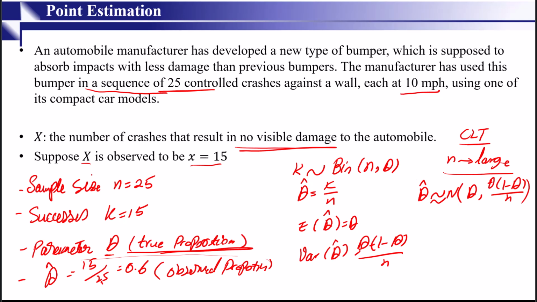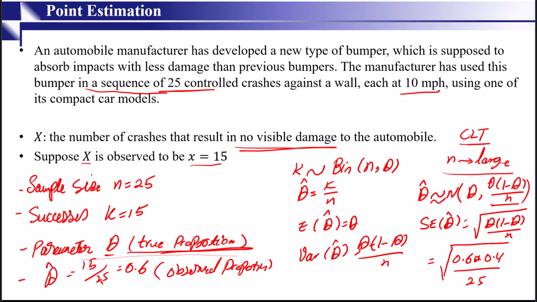Then we can define the standard error of theta hat as the square root of the variance, right? The square root of theta times 1 minus theta divided by n. We can now find the standard error. This is equal to the square root of 0.6 times 1 minus 0.6, which is 0.4, divided by n, which is 25, and this is approximately 0.098.